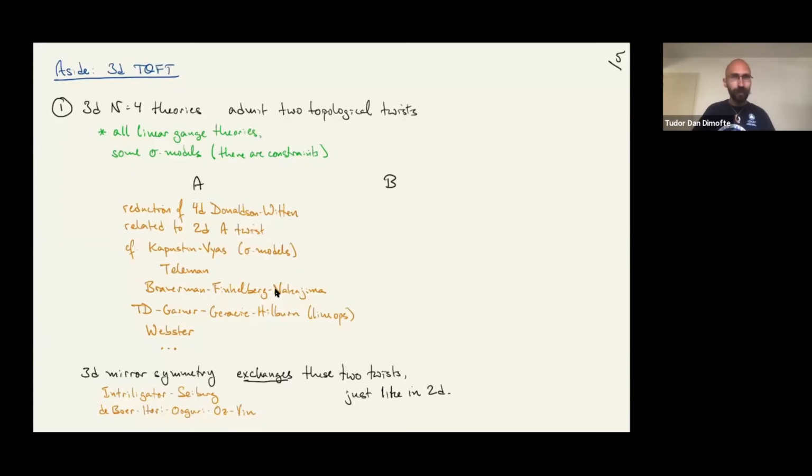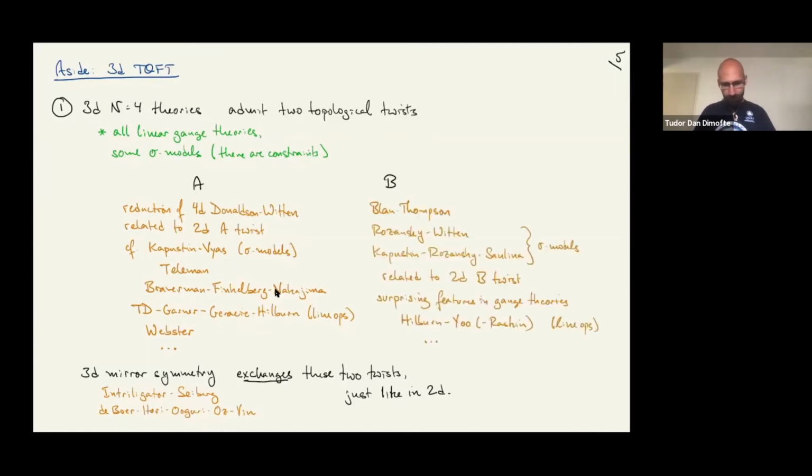And this is important in recent work of Braverman, Finkelberg, Nakajima, and Coulomb branches, and the more recent things collaborators and colleagues and I have been doing involve describing categories of line operators in the A twist.